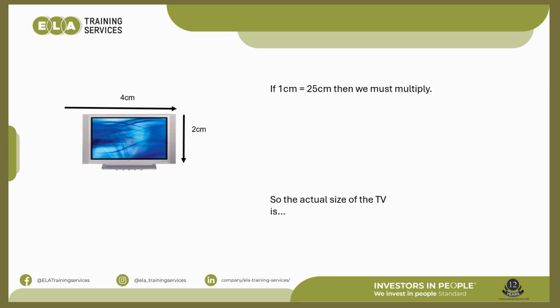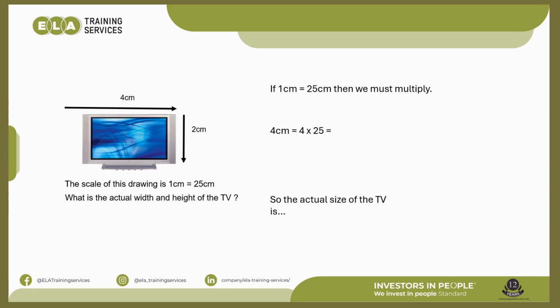Here, the TV is 4 centimetres wide and 2 centimetres high. We know that the scale is 1 centimetre to 25 centimetres. So, what's the actual width and height of the TV in real life? Well, first things first, 4 centimetres, to make it real life centimetres, we have to times it by 25.